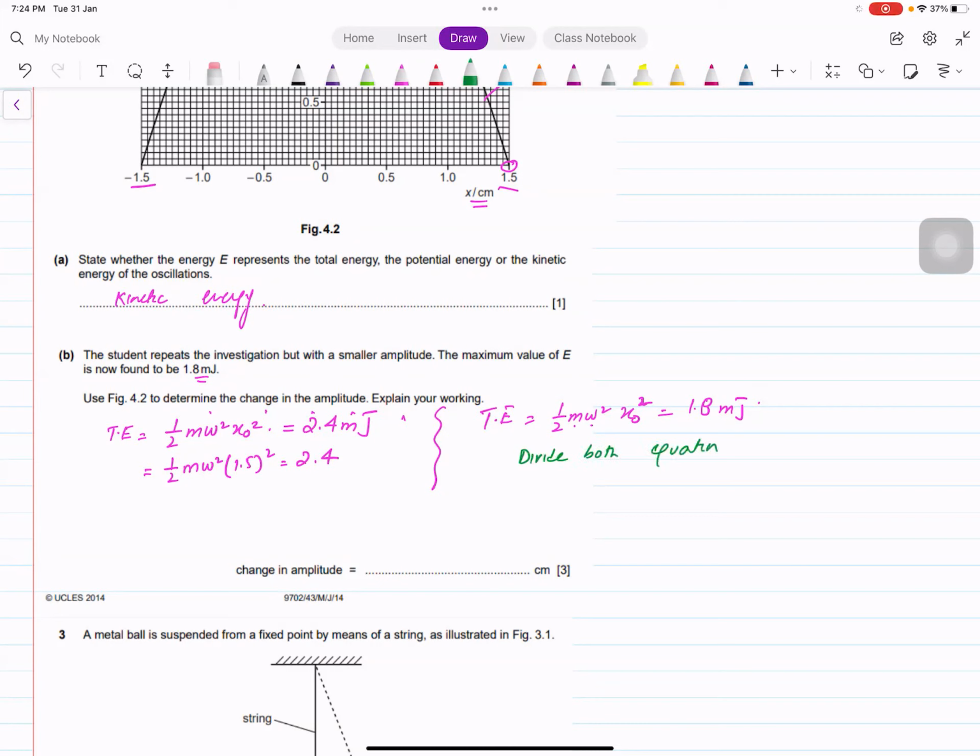Make a ratio out of it. If I divide 1.8 by 2.4, what are you going to get? Half m omega square x naught square divided by half m omega square 1.5 whole square. Can I say that? Notice that this portion and this portion cancel out. So what you get is 1.8 times 1.5 whole square divided by 2.4 equals x naught squared. Can you find x naught, please?